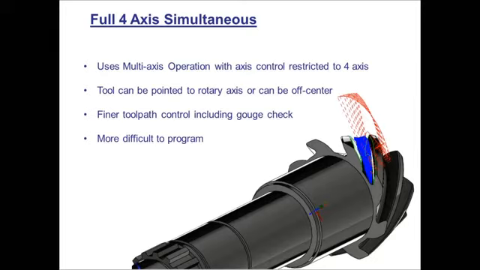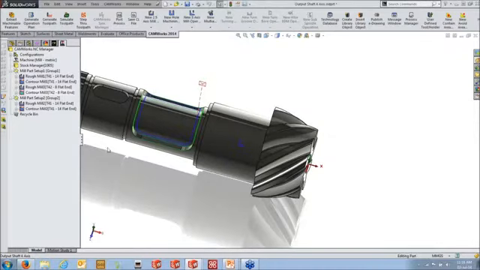We couldn't do that in the wrap feature. Now, we also get better toolpath control because we're using the multi-axis operation. There's a lot of settings that we can use to control exactly what we want, but that obviously makes it a little bit more difficult to program. So let's take a look at actually creating that geometry.